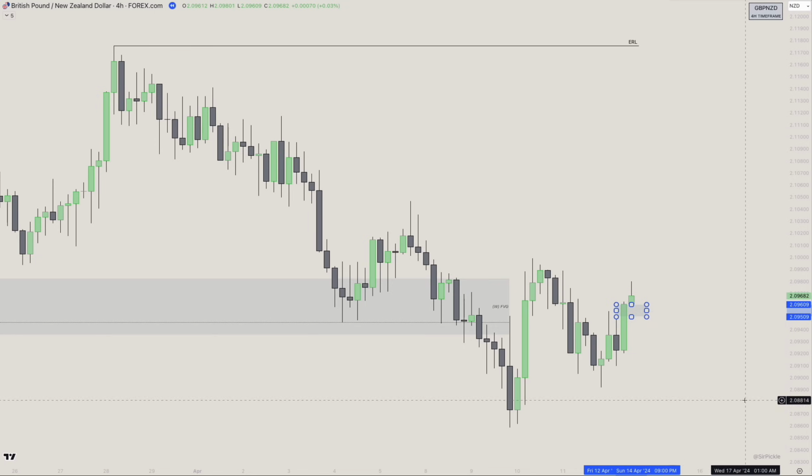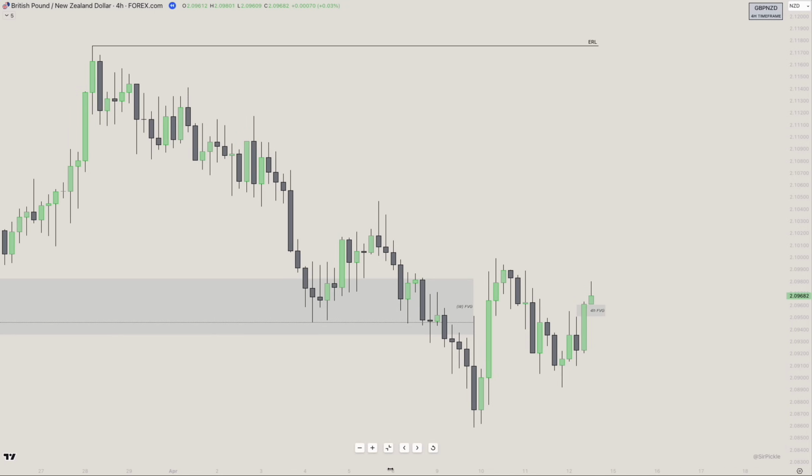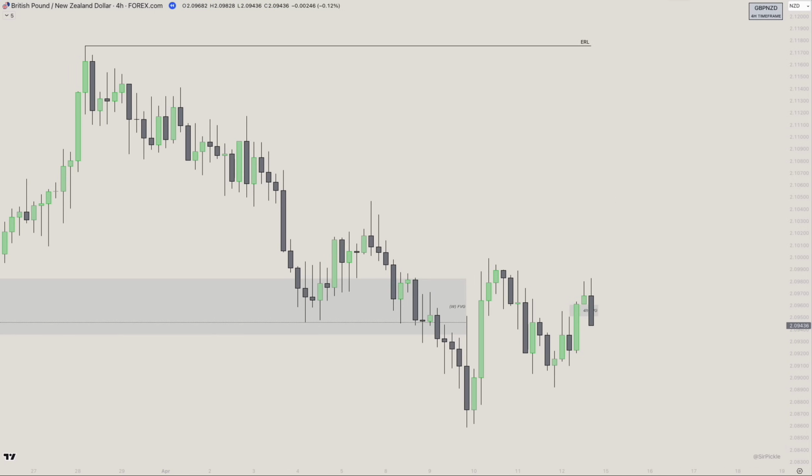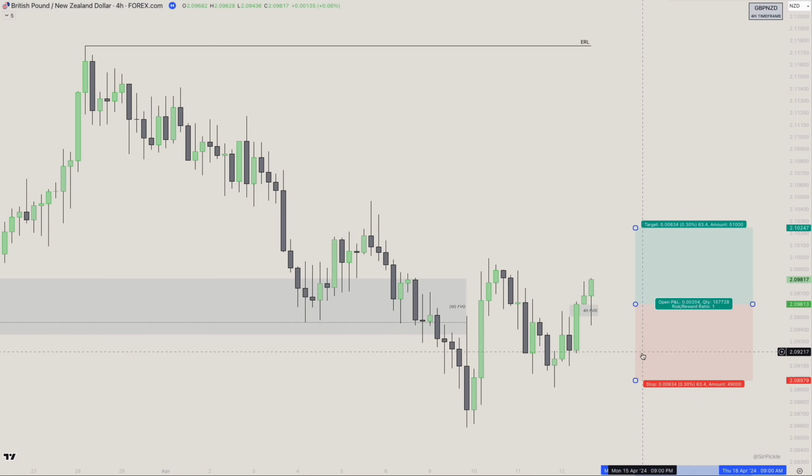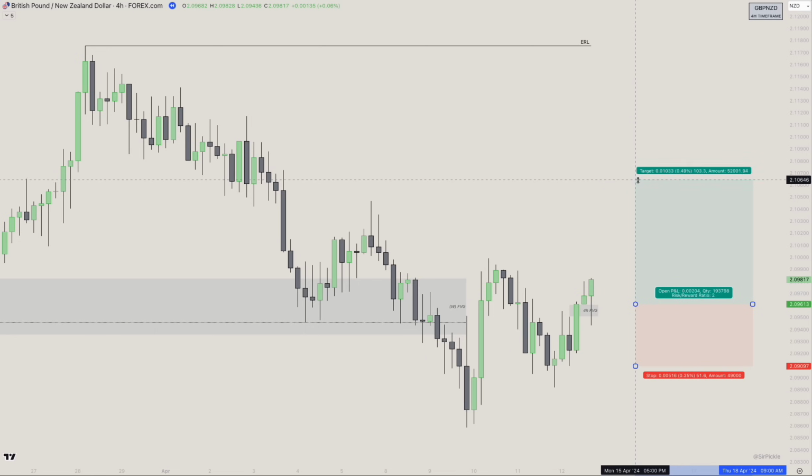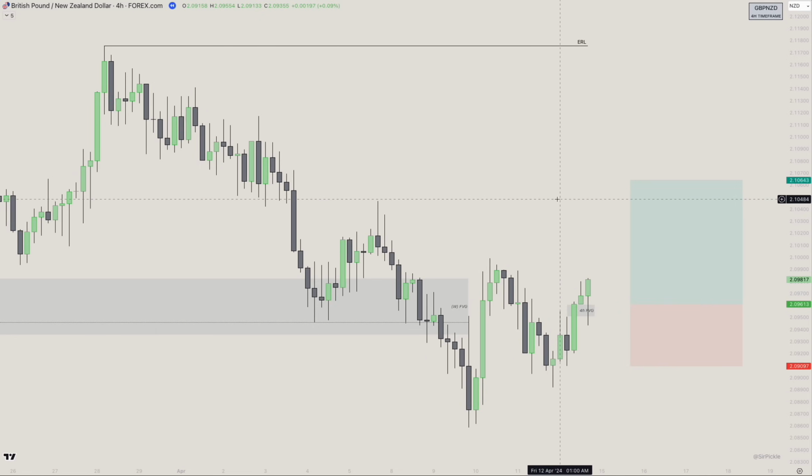And this is where I looked for my entry. So what I did is I set a limit order right here in the open of that gap, stop loss at that swing low, and then targeted a strict 2R right there. So that right here, very simple. Not looking at kill zones, not looking at news, just playing the chart in front of you.